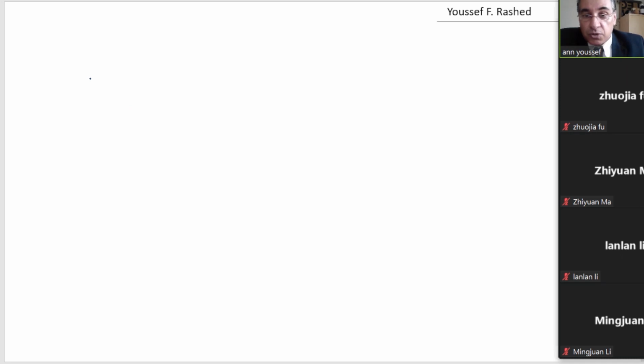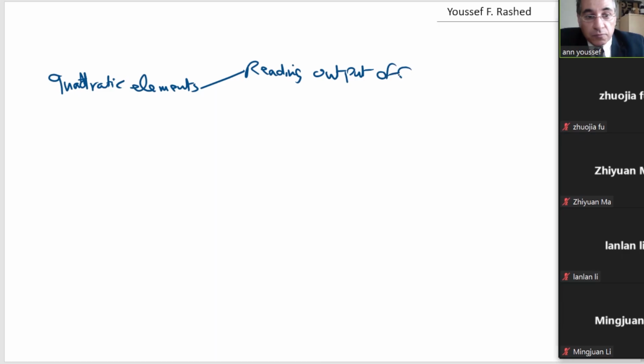If we start with quadratic elements, our map of today: we will start reading the output of computer programs. This is very important.